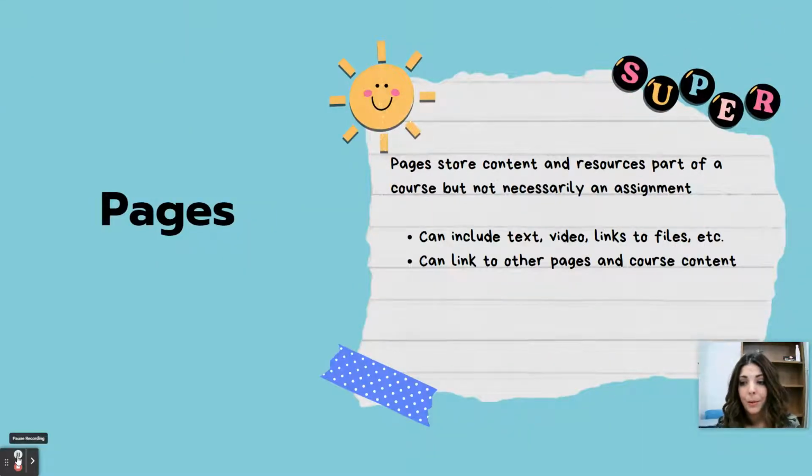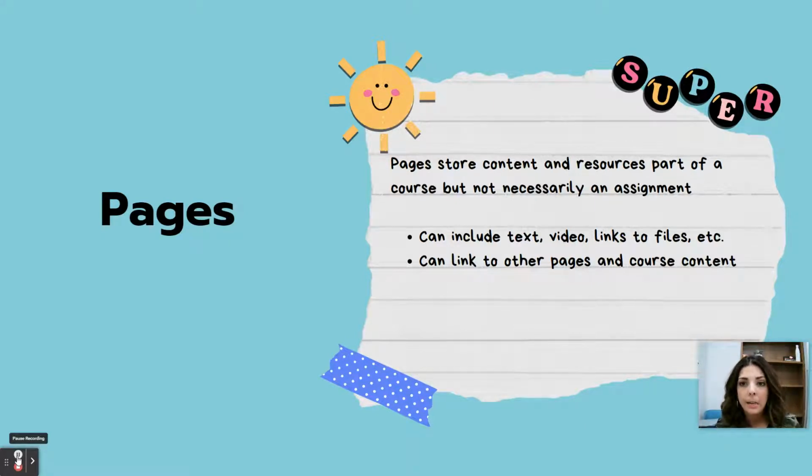Pages. So when we're thinking about creating content, we don't want to just assign assignments and quizzes. We also have areas where we need things to live and develop. That's what pages are for. Pages store content and resources that are part of your course, but they're not necessarily an assignment for the course.